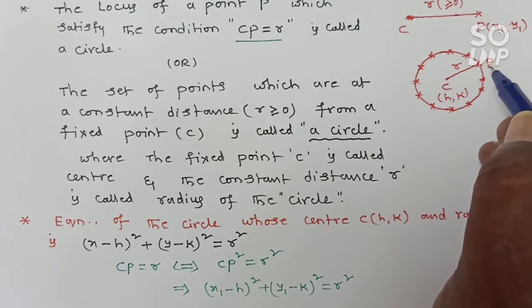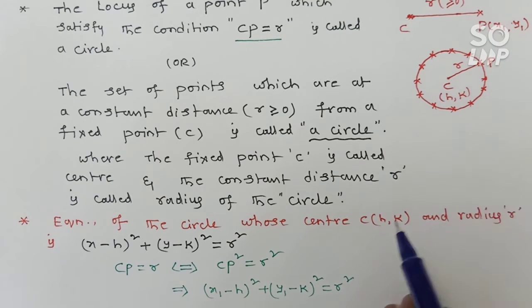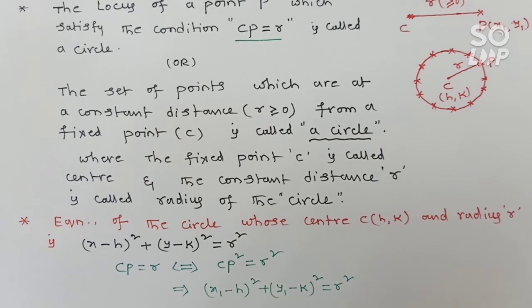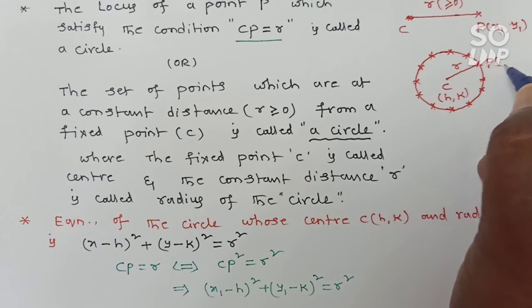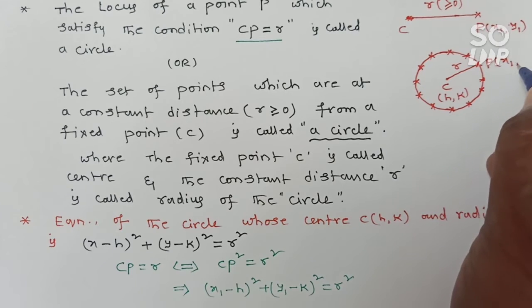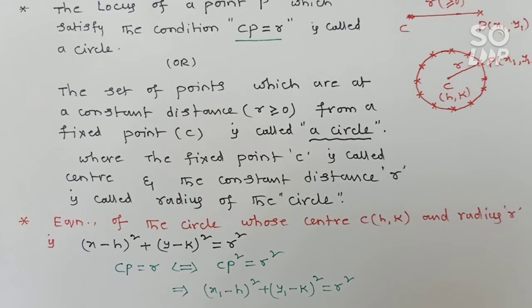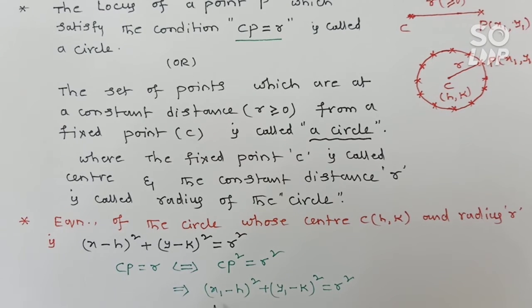So according to the definition, locus of the point P. So how can we write the locus of the point P? Here P coordinates are x1, y1. So how can we write the locus of P? Replacing x1 by x and y1 by y.